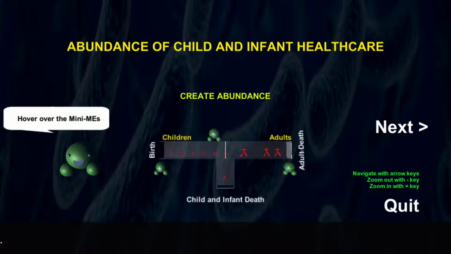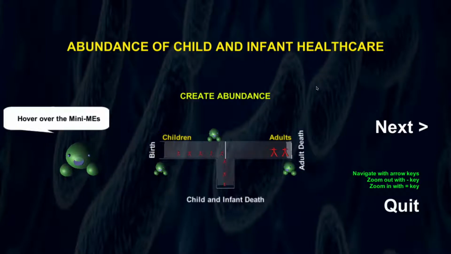Adults eventually die. And occasionally, in this example about 50% of the time, sometimes children and infants die. So this is about as simple a picture of life as you can get.